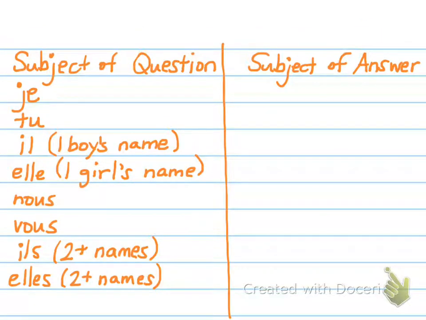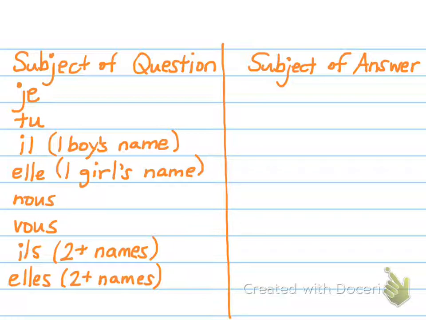So one of the things that I have found that students often struggle with is thinking about what the subject of my question is and what the subject of my answer should be. This is not anywhere in your textbook, so you may want to write this down if you struggle with this. It would be a weird question, but the best way to think about this is think about it in English.